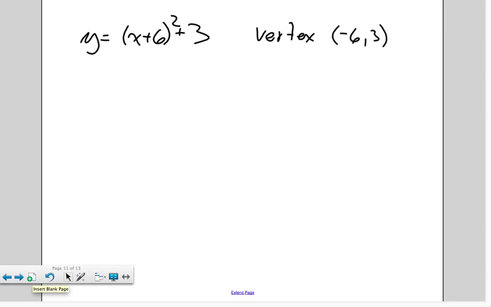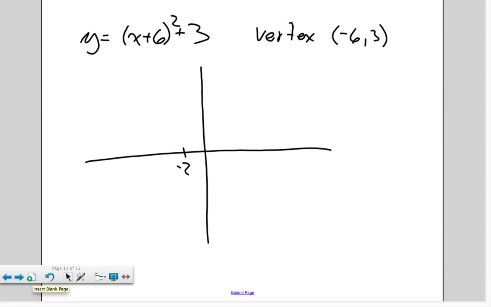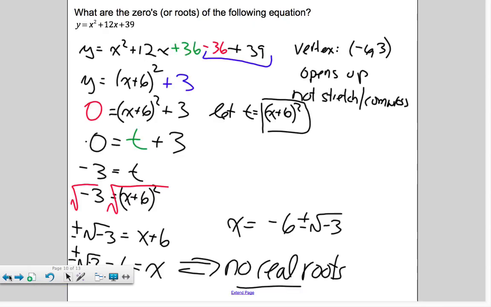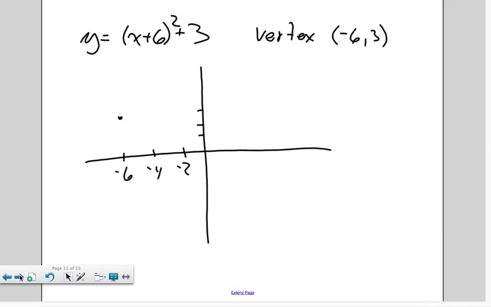So if I was to graph this, -6 puts me, so this is -2, -4, -6. Plus 3 puts me roughly right around here. Yes? This is quadratic, open up or down? Do you remember? Opens up, right? So it's got to look something like that.